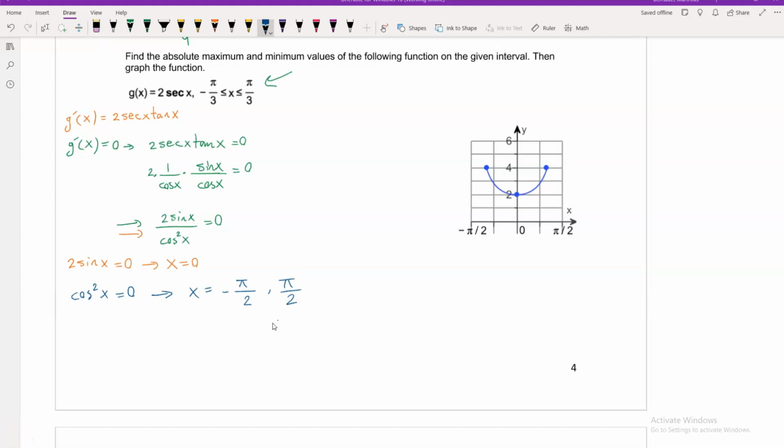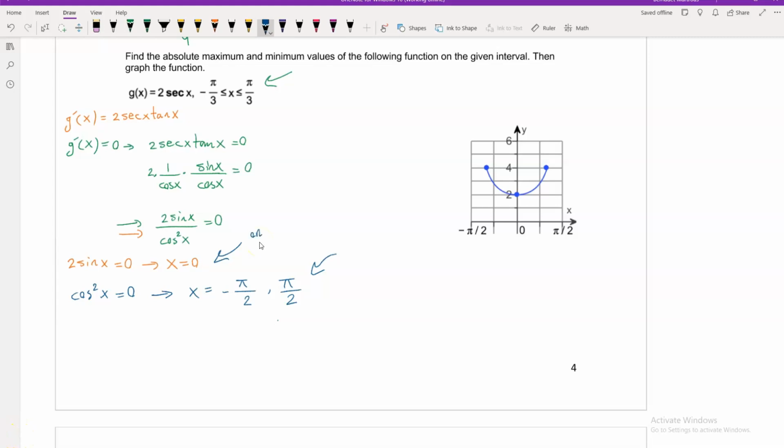But the point is, our interval is negative pi over 3 to pi over 3. This is a closed interval, and negative pi divided by 2 and pi divided by 2 are not in the given interval, meaning that the only critical point that we have is x equal to 0.